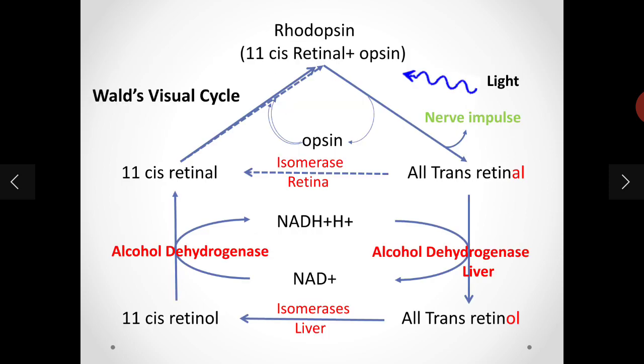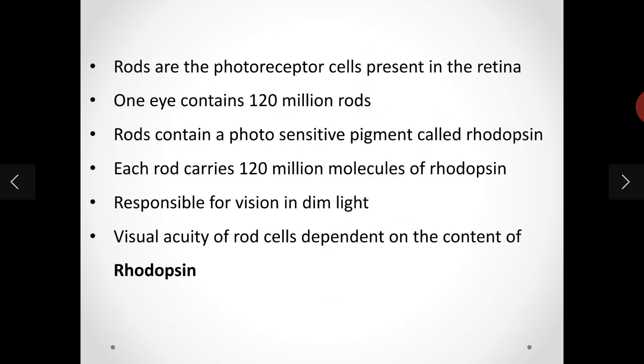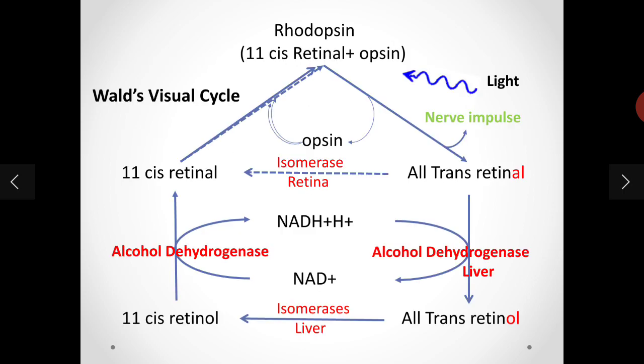The rhodopsin is a photosensitive pigment which is present in our rod cells. It is formed from 11 cis retinal, that is your vitamin, and opsin, which is a protein. So that is rhodopsin.